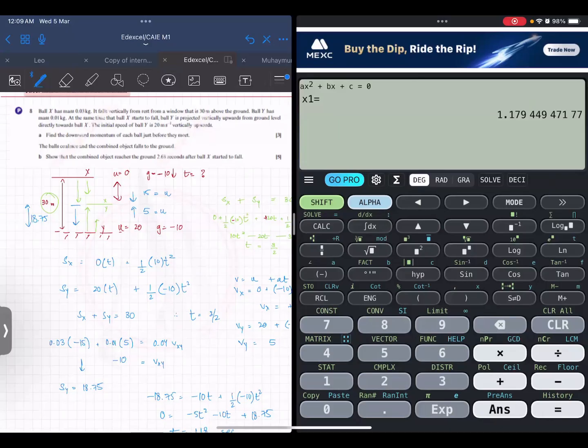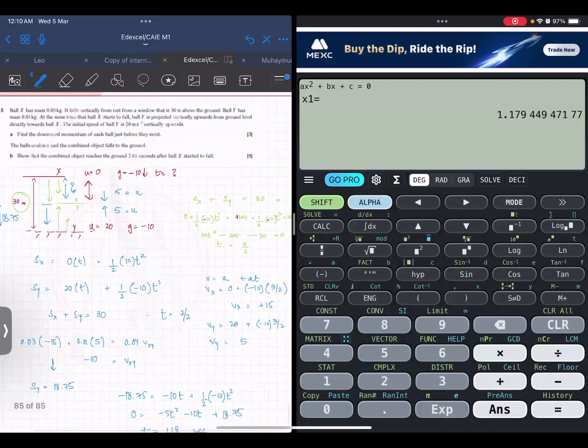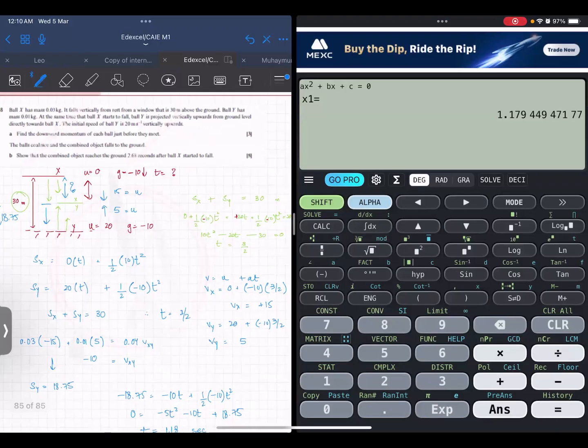So what is the time from the instant that x has started to fall? How much time did this part take? So v is equal to u plus at. Yes, we can use that. Final velocity is 15, initial is 0, acceleration is 10.